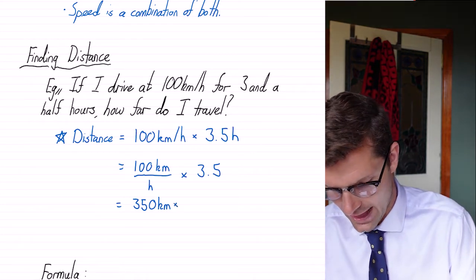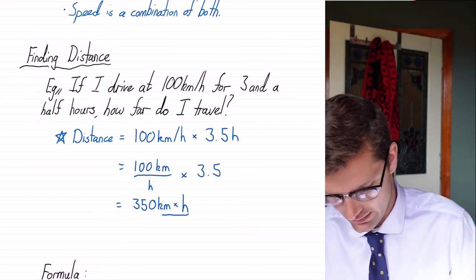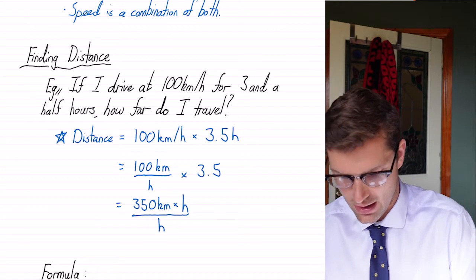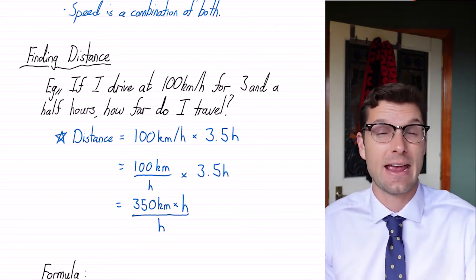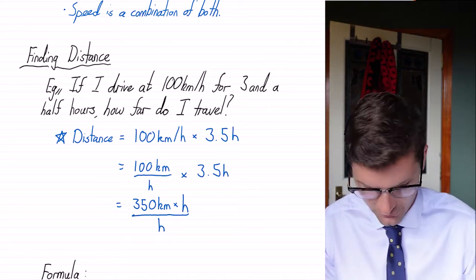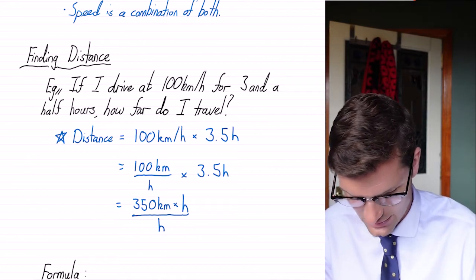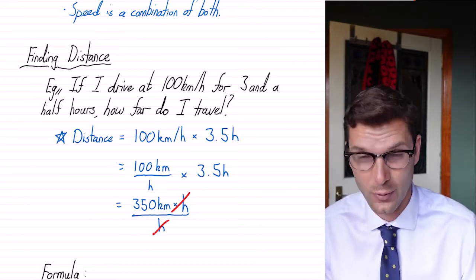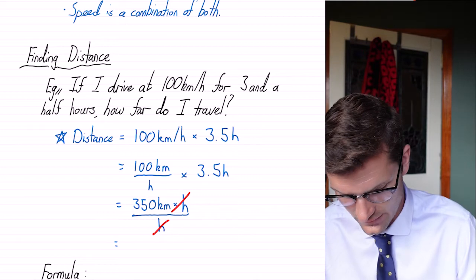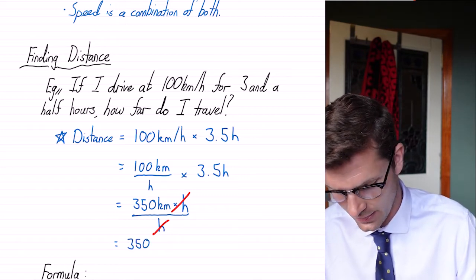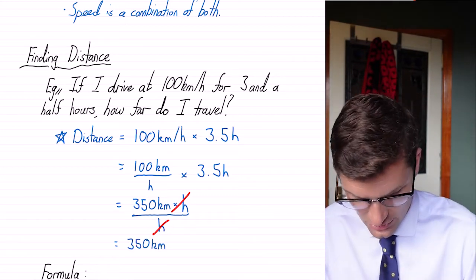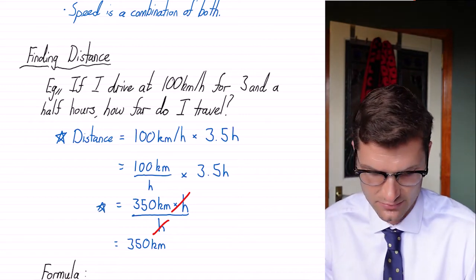times hours over hours. And so because we've got the same term on the bottom of the fraction and the top of the fraction, we can actually cancel these terms out. So we know we're left with a distance, or 350 kilometers. So you obviously don't need to do these two steps every single time.